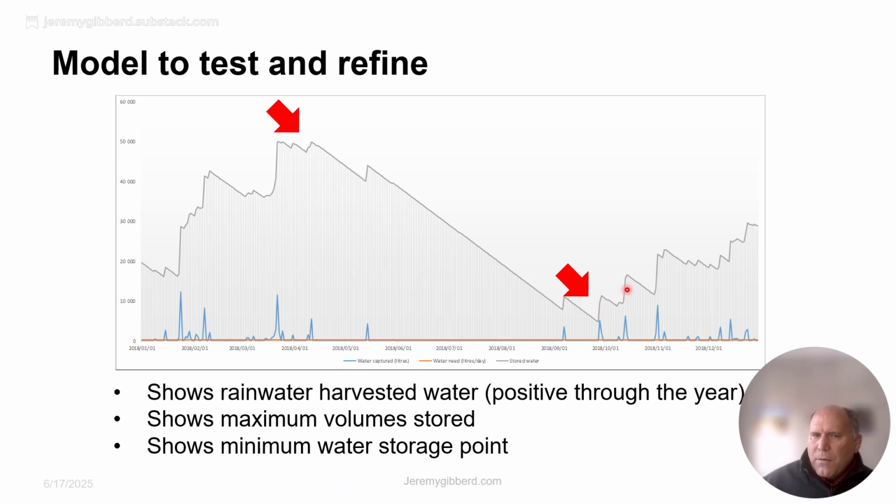And then the other really important one is this pinch point here, where it shows you the minimum amount of water that's left in a rainwater tank. That also is very important to understand, because that's the point at which you may run out of water. So you need to think about that in your design. In this case, it doesn't happen. The rainfall picks up and the volumes increase quite quickly.